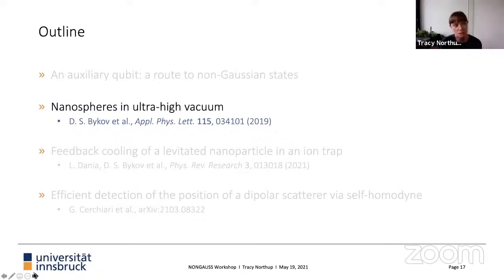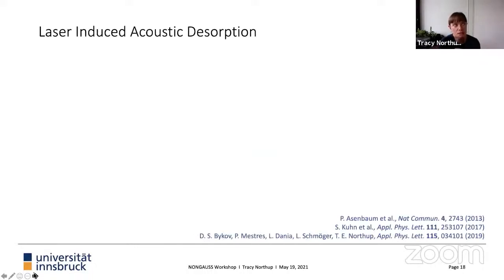But in terms of the experiments that have been done so far with nanoparticles, the methods for loading nanoparticles into a trap, whether it's an optical or magnetic, gravitational or even a Paul trap, have been relatively dirty from a vacuum perspective. And so when we thought about how we wanted to do this in a way that would be consistent with ultra high vacuum, we turned to recommendations from Markus Arndt's group in Vienna, which had used laser-induced desorption.